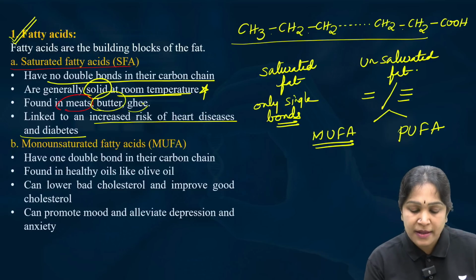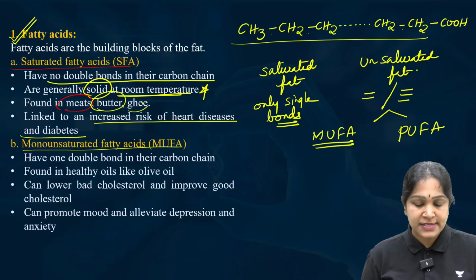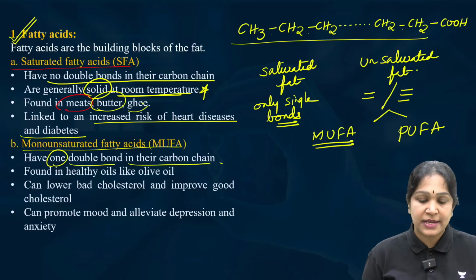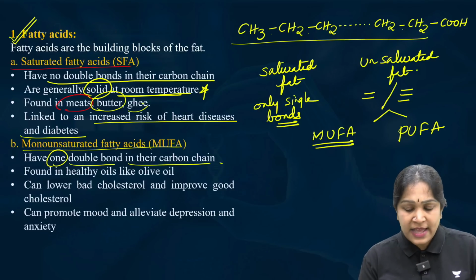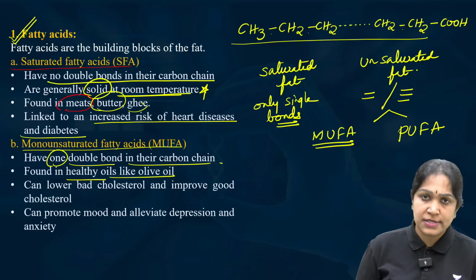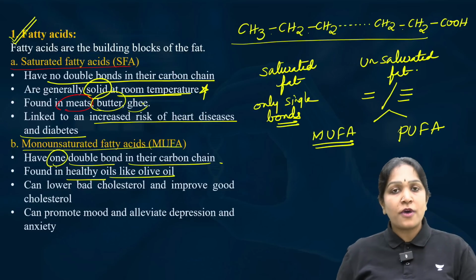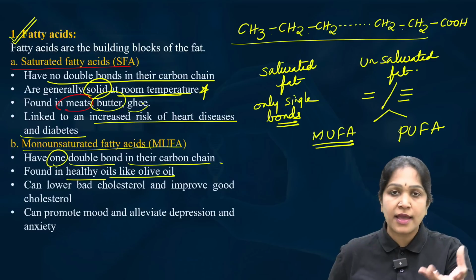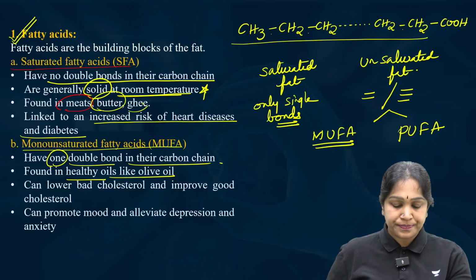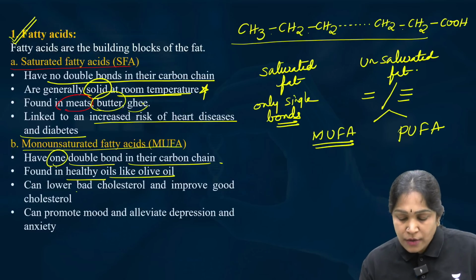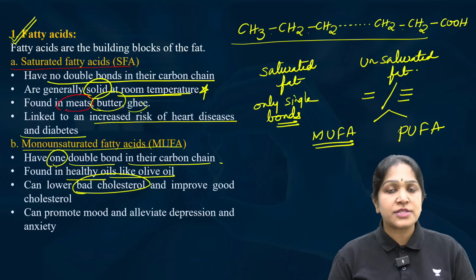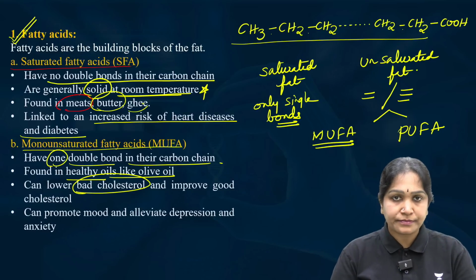The second type are monounsaturated fatty acids. They have only one double bond in their carbon chain. They are found in healthy oils like olive oil. This kind of oil is liquid at room temperature. Like ghee and butter, they are not solid at room temperature. They can lower the bad cholesterol, but this may lead us to another question: what is bad cholesterol?